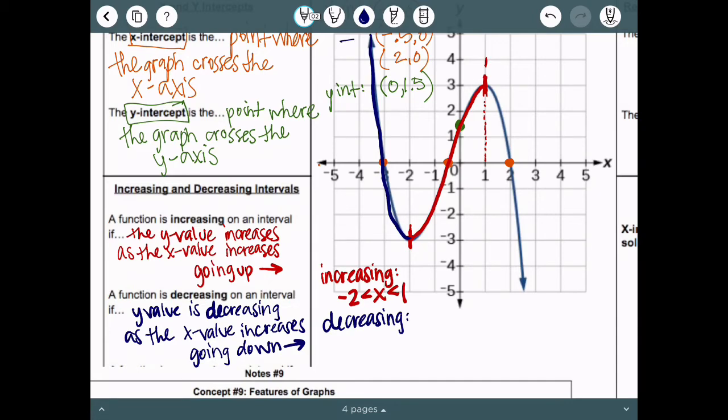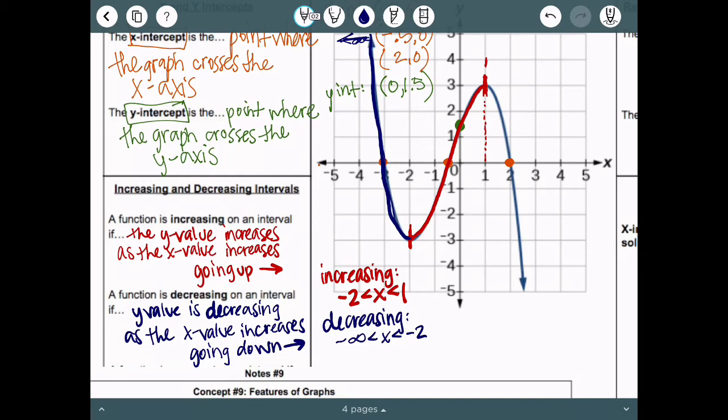I'm decreasing from over here at negative infinity, right? It's going out this way as far as possible. So I know that it's decreasing, and then it's coming in, coming in, coming in. I could say starting at negative infinity, still measuring on the x-axis, all the way to -2, which is where it starts increasing again.